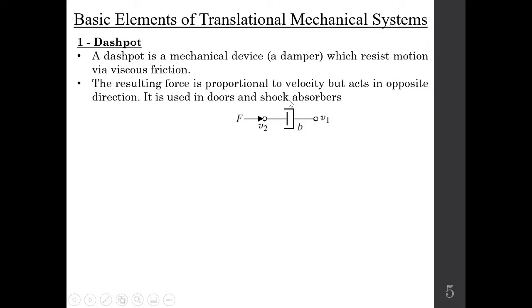It is used in doors and shock absorbers, and you will find them quite frequently if you look at the elbows on door closers, and similarly on the suspension of bridges. This is the symbol to represent a dashpot device. So these are the two points which represent the change in velocity whenever you apply an external force on this dashpot.